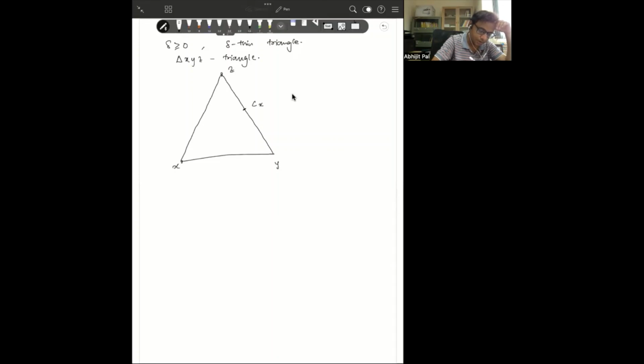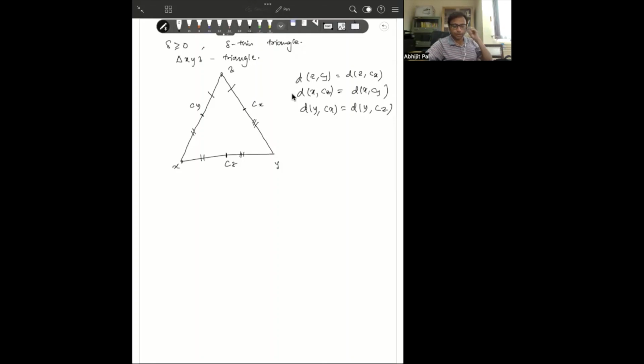So always you'll get these points CX, CZ, CY, such that the distance between Z to CY is the same as the distance between Z to CX, the distance between X to CZ is the same as the distance between X to CY, and the distance between Y to CX is the same as the distance between Y to CZ.